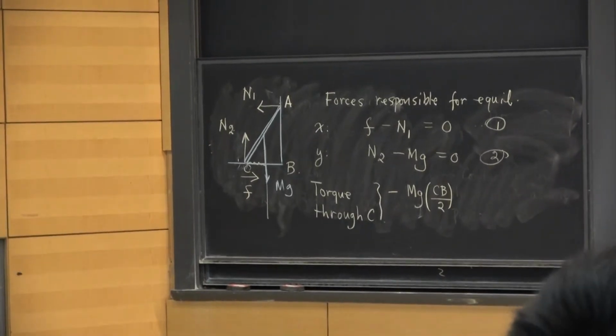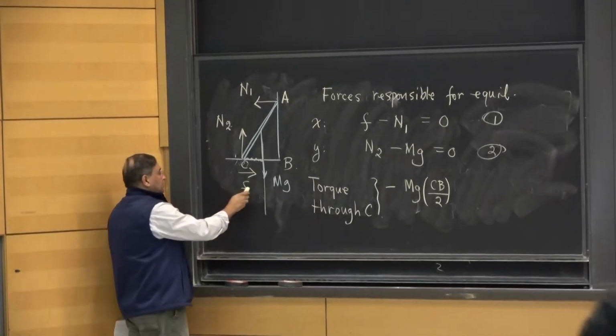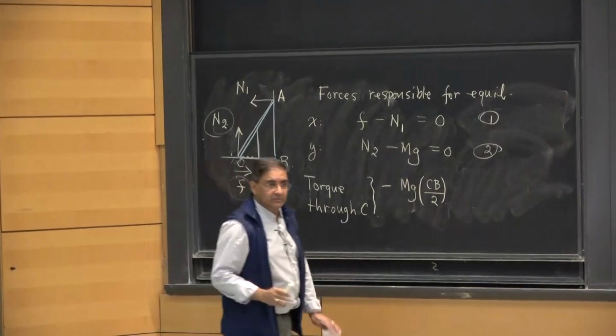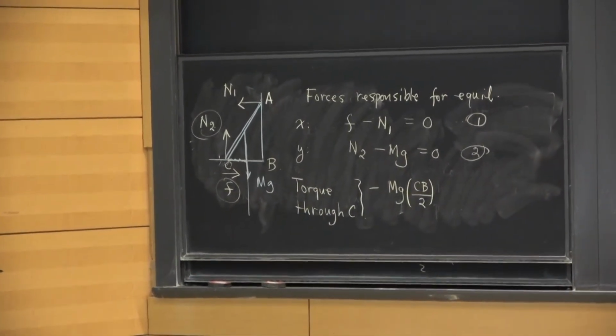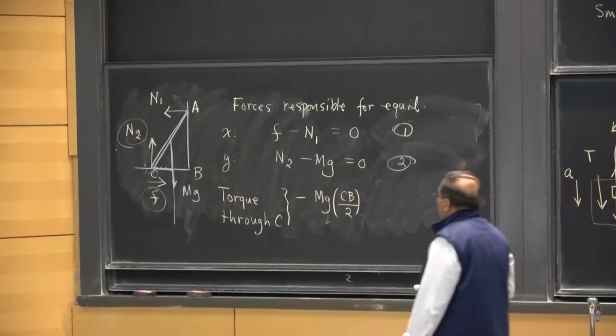So by choosing point C, I have killed off torques from this force and from that force, which simplifies my life. Less calculation, chances are less error you have. More calculation you do, more error you make. That's always the law.